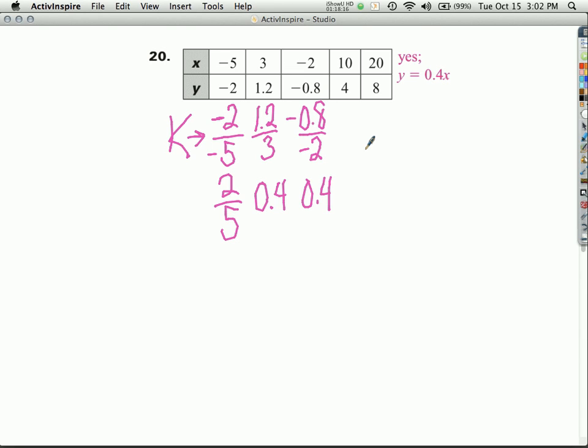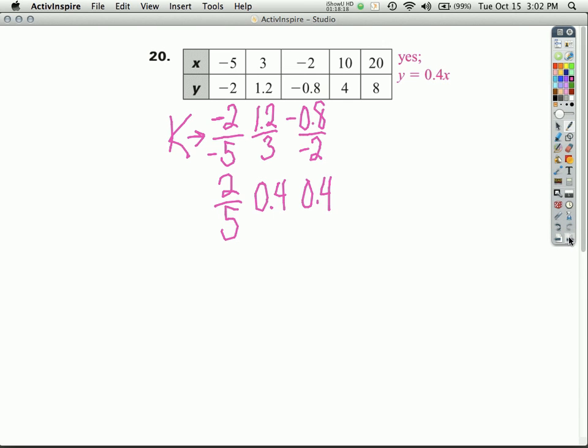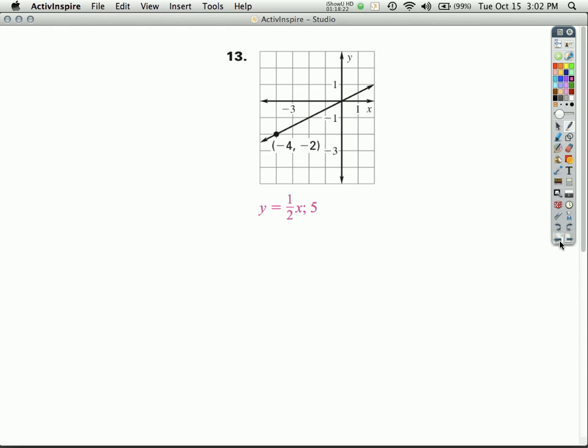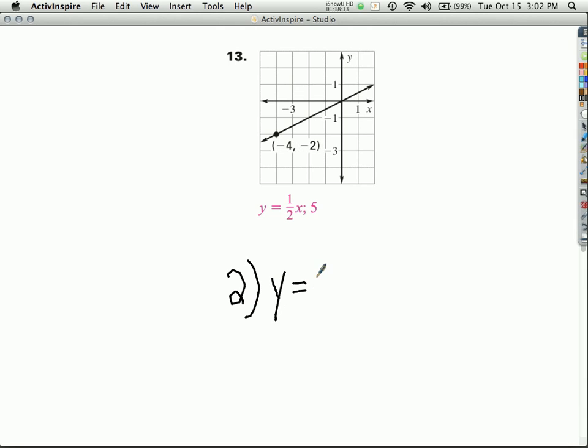Number 2. Well, I actually don't have it up here, but the question is, is it a direct variation? So number 2, I believe, was y equals 2x plus 1. The answer is no, it's not a direct variation.